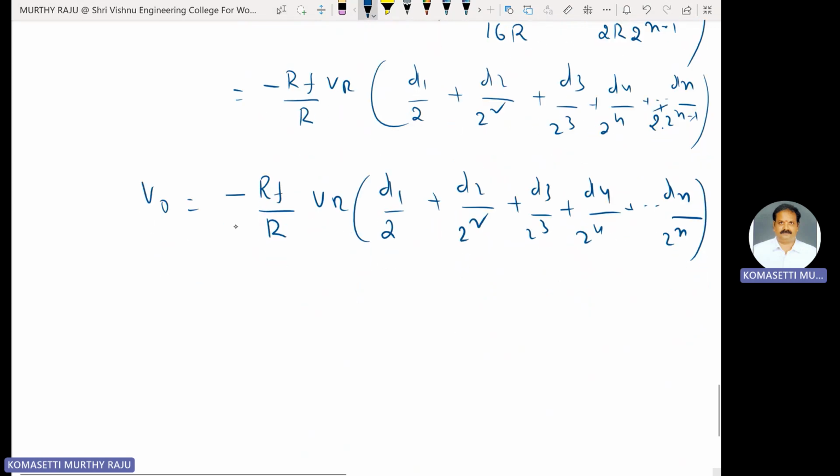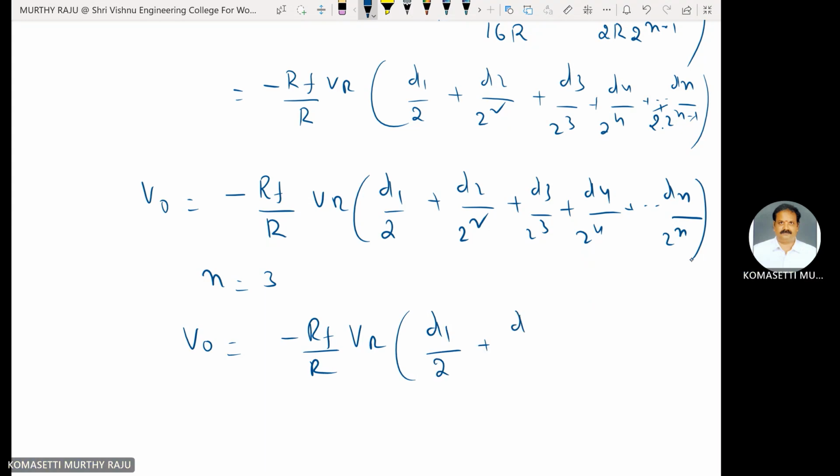Suppose the number of bits in digital data is 3, 2 cube. Therefore, V naught is equal to minus RF by R VR, D1 by 2 plus D2 by 2 square and D3 by 2 cube.